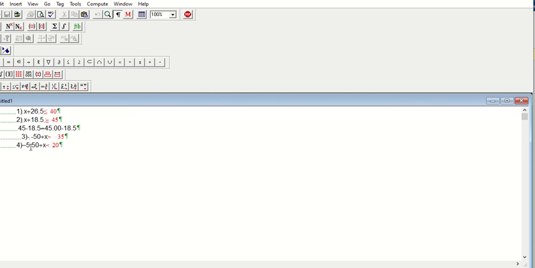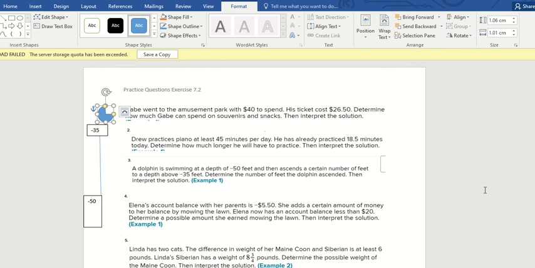Here we will take this 5.50 to the other side. Instead of minus 5.50, it will become plus 5.50. So on this side, we're going to have 20 plus 5.50. And it's very easy to solve.